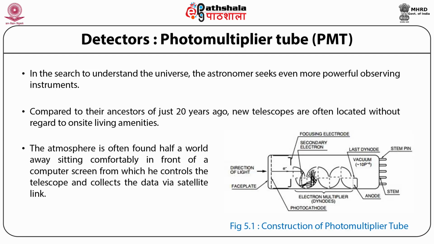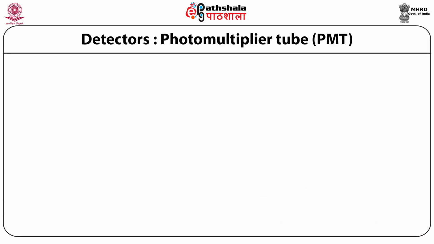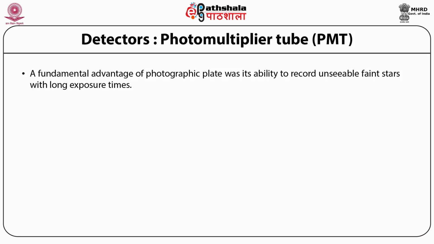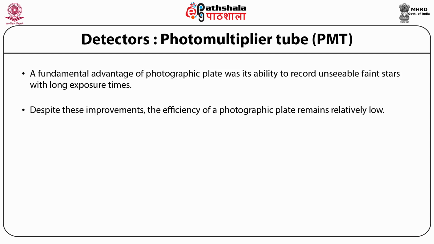The advent of photography in the last century was a monumental step forward. A fundamental advantage of the photographic plate is its ability to record unseeable faint stars with long exposure times. Photographic technology has evolved over the years with ever more sensitive emulsions and treatment techniques. Despite these improvements, the efficiency of a photographic plate remains relatively low.